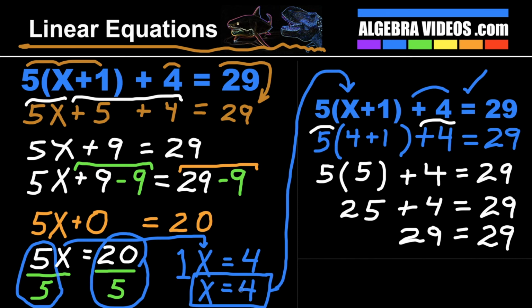When we plugged in our solution of x equals 4, we got two numbers that equal each other. And that means that our solution worked. So I'm going to put a check mark there. And now we not only solved for the problem x equals 4, but we plugged it back into the original equation. We got two numbers that are equal, and so we know it's the right answer. So I'm going to give us an A+.